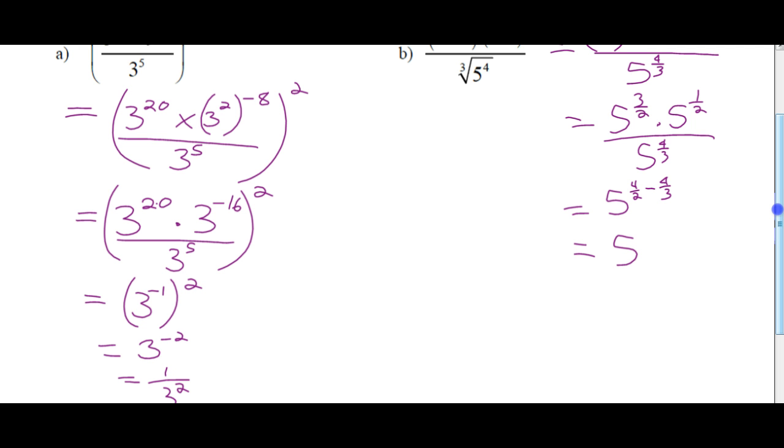So this becomes 12 over 6. And this becomes 8 over 6. And 12/6 minus 8/6 is 4 over 6, which reduces to 2 over 3. So it's 5 to the 2/3, or the cube root of 5 squared, cube root of 25, cube root of 5 all squared.